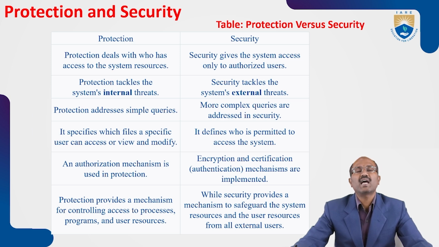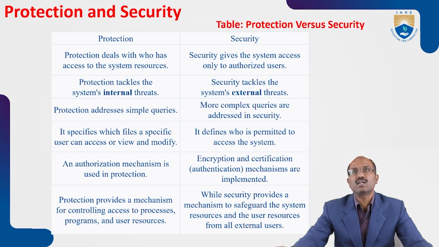Protection provides a mechanism for controlling access to processes, programs, and user resources. But security provides a mechanism to safeguard the system resources and user resources from external users.